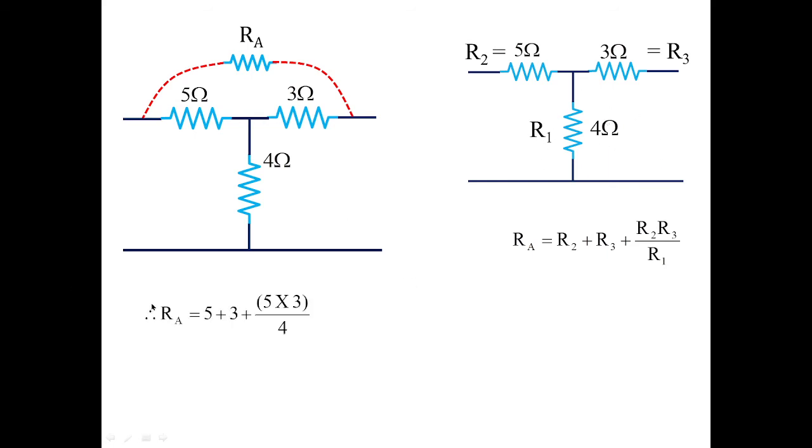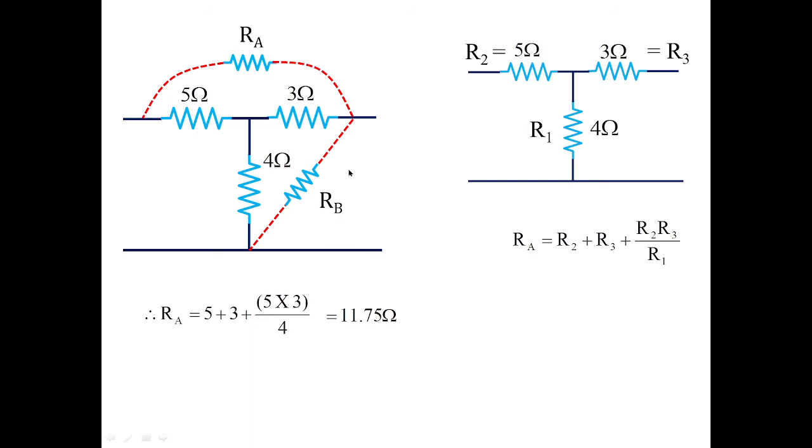So I have substituted the values. RA is equal to 5 plus 3 plus 5 into 3 by 4, whose value is nothing but 11.75 ohms. Easy.